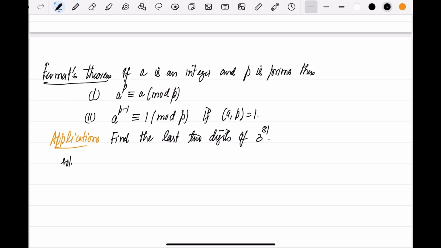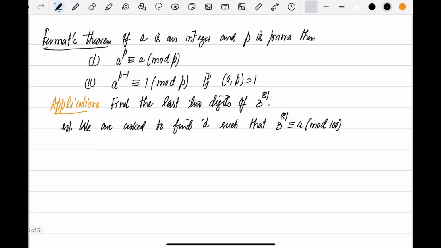So what do we do in the solution? In order to find the last two digits, we have to divide 3 power 81 by 100. So we are asked to find a such that 3 power 81 is congruent to a modulo 100.